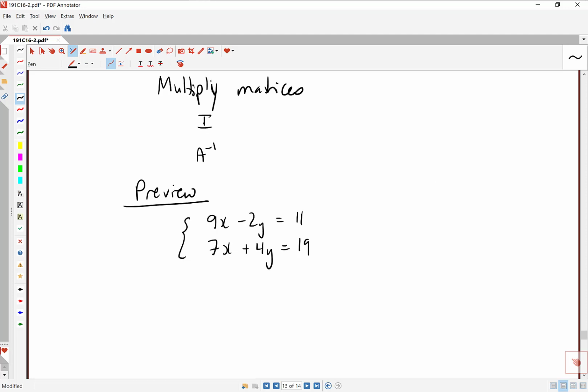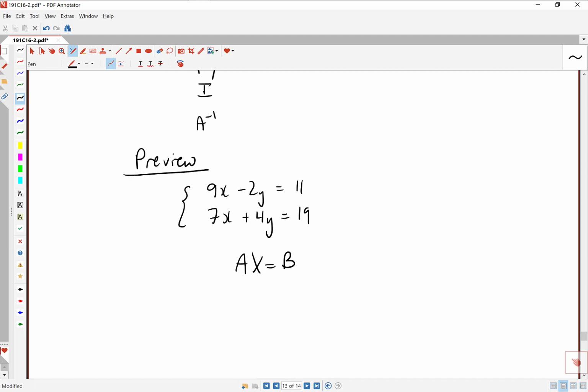And what we're going to be doing is we'll write this system of equations in the matrix equation form, Ax equals B. And then the idea is that if matrix A has an inverse, then we can multiply both sides of this equation by that inverse. So that's where this idea of matrix inverse comes into play.